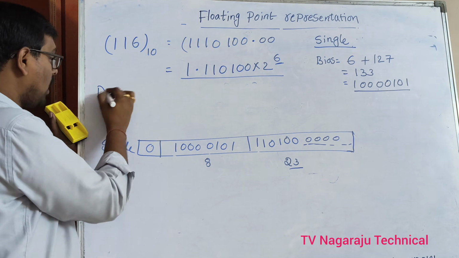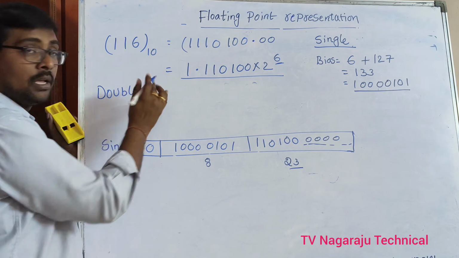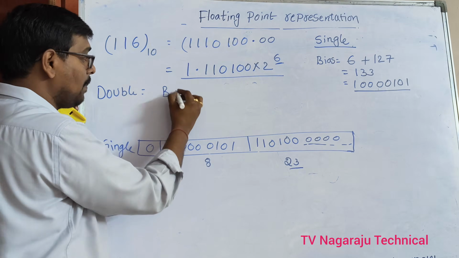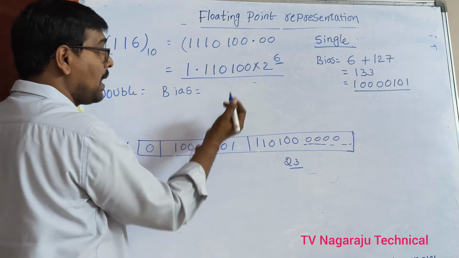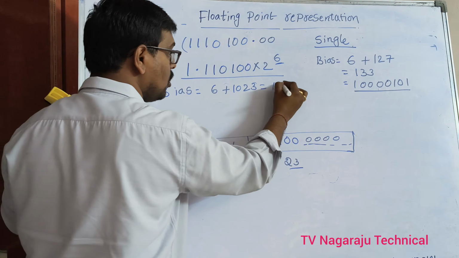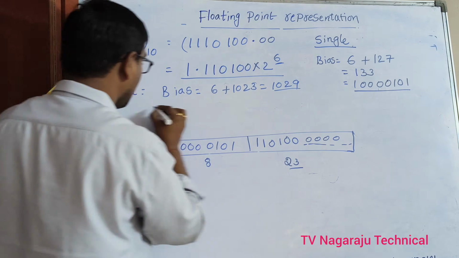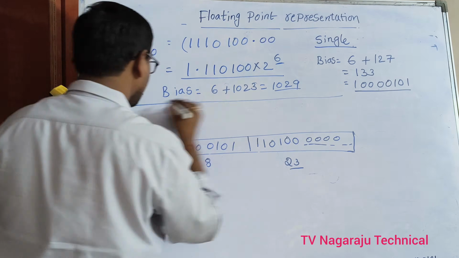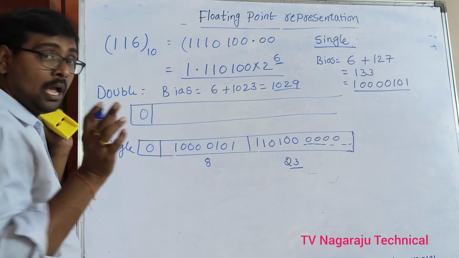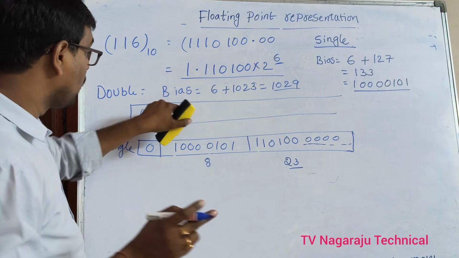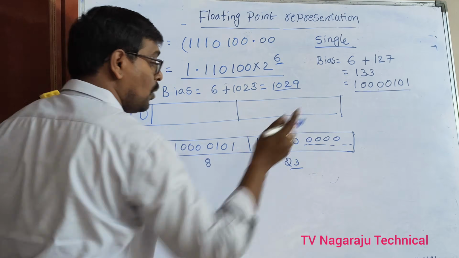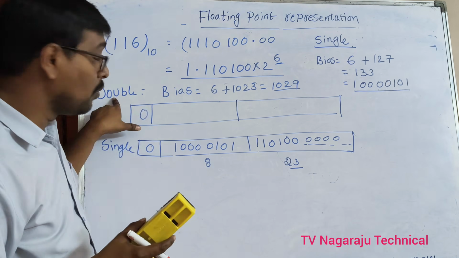If you want to represent it in double precision, the binary number is the same. What is the bias? 6 plus 1023, so 1029. For double precision, how many bits are used for the exponent?